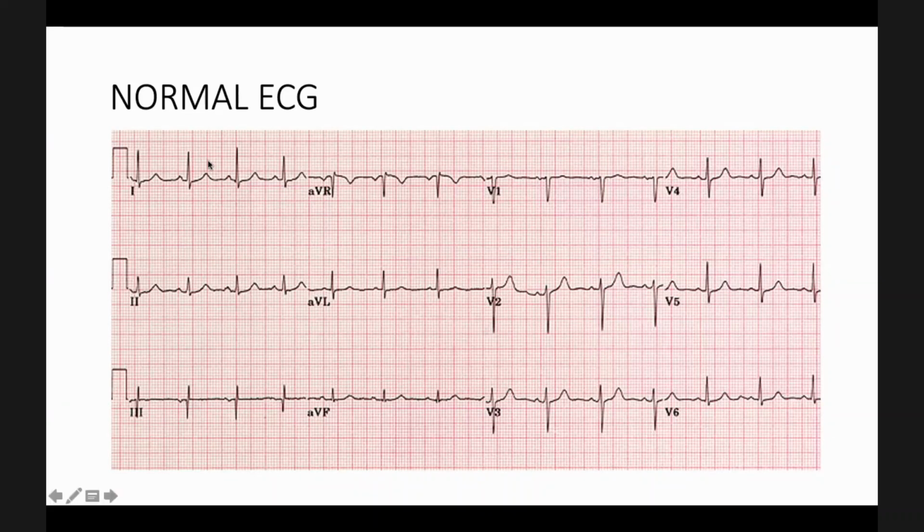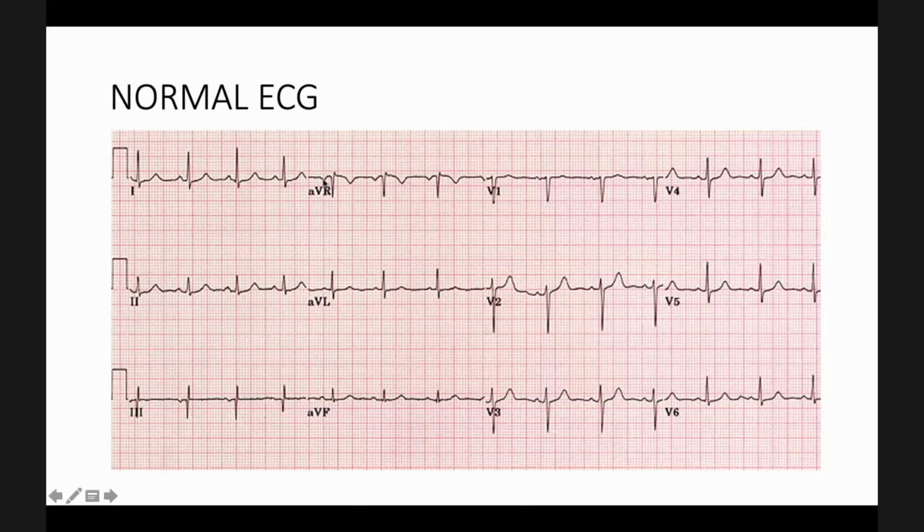The leads are 1, then 2, then 3. In lead 1 you can see a positive deflection. Lead 2 is not that much, and lead 3 is more or less the same. But you can see AVR is negative.